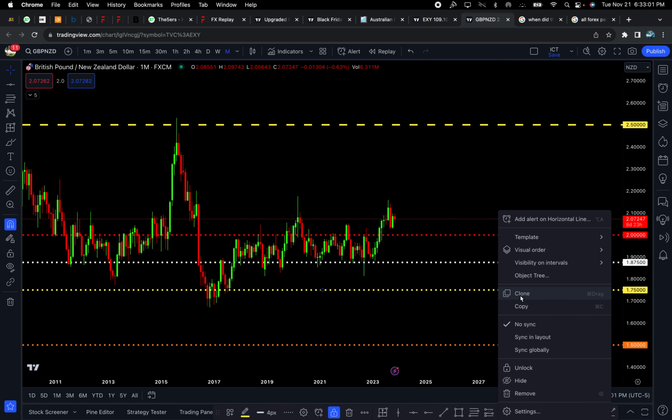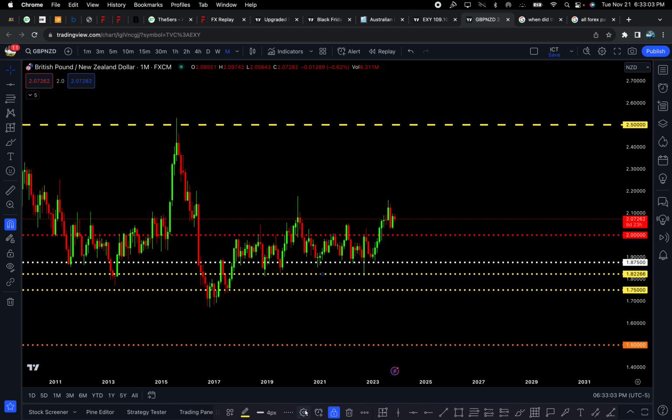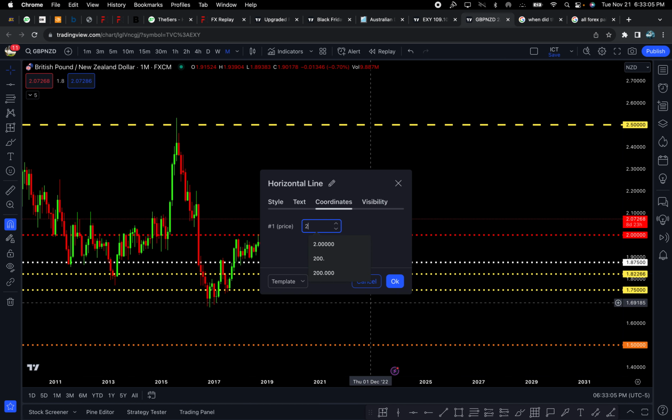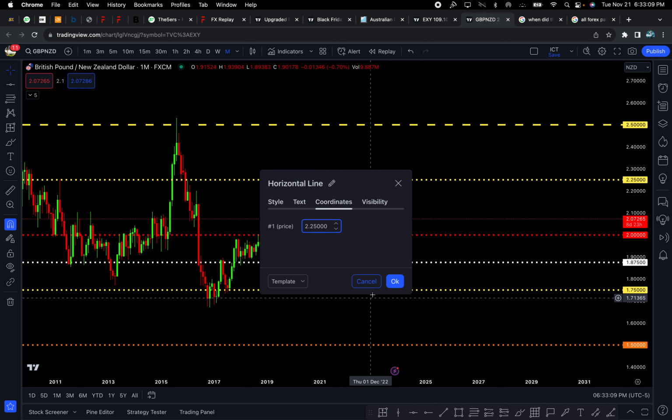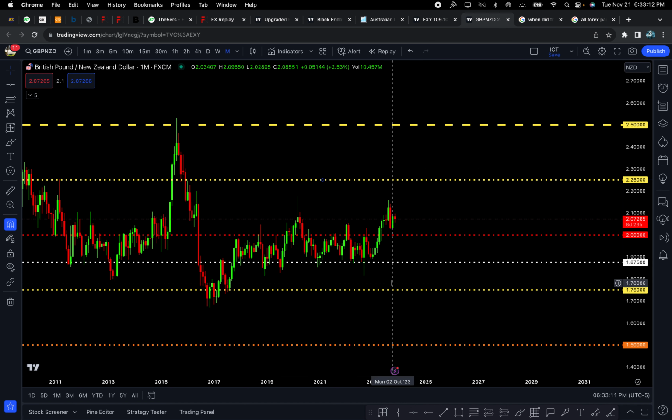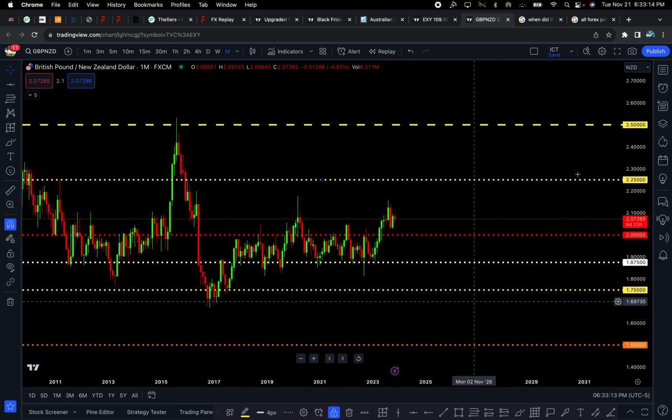Let's do this one. Clone. This would be 2.25 right there.